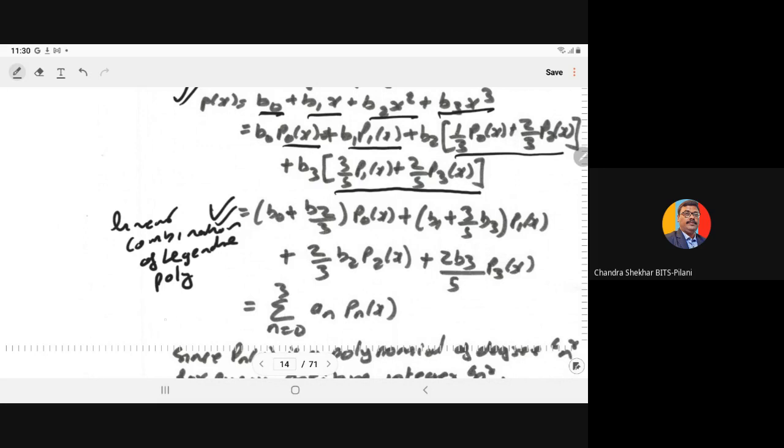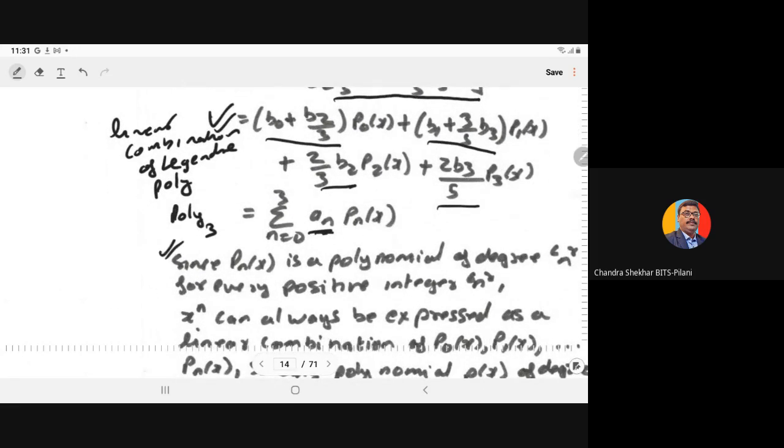So that means here the polynomial of degree 3 can be written as summation n is equal to 0 to 3 an pnx, where an is equal to what? a naught is equal to b naught plus b2 by 3, a1 is equal to b1 plus 3 by 5 b3, and a2 is equal to 2 by 3 b2, and a3 is equal to 2 by 5 b3, right? Means any polynomial can be written as linear combination of the Legendre polynomial.